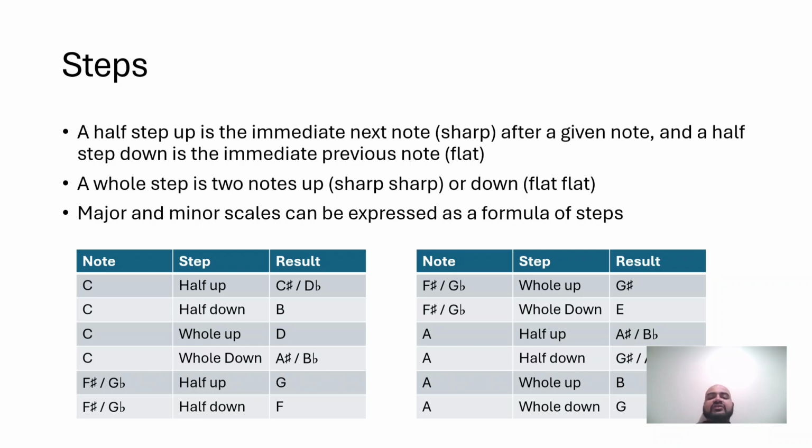The diagram below is just examples of three different categories of notes. I take C over here as the first example because the note right before C is B and you don't really have a sharp over there, and that's why it could be confusing with the half step down and the whole step down. You can see in the examples what the result notes are for all of those things.